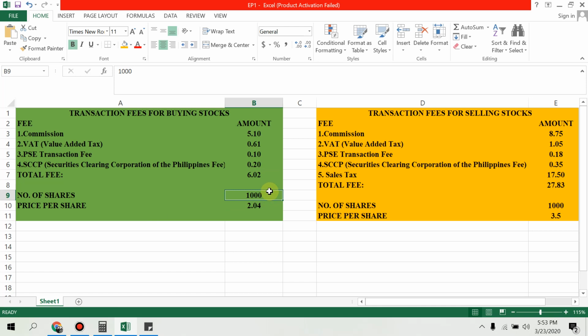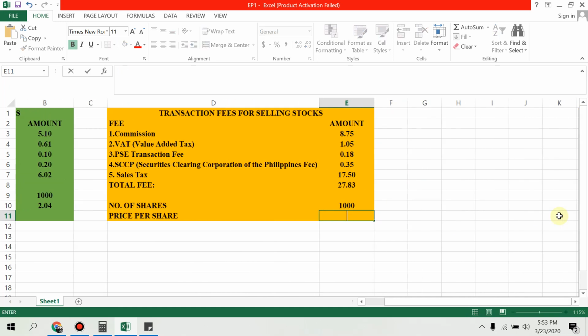Then, kung magbebenta tayo guys, so syempre, mas mataas sa presyo nung nabili natin siya, no? So, let's say for example, kung nakabili tayo sa 2.04 pesos per share, so dapat magbebenta tayo na mas mataas doon. So, let's say, for example, 3 pesos, ano? Okay.